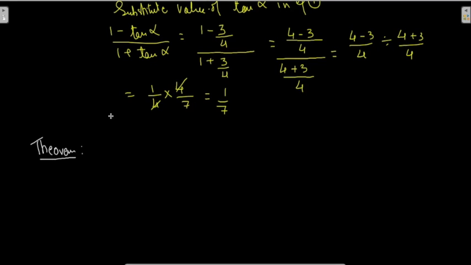What it says is that the trigonometric ratios are the same for the same angle.